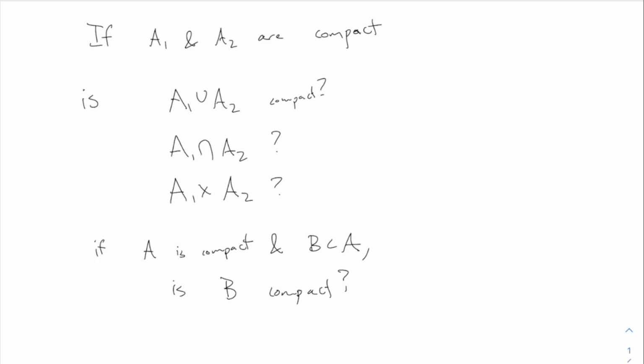Although, actually no. If you're asking is B compact, that means you begin with a cover of B, and then you have to show that there's a finite subcover of B. But B is smaller than A, so if you start with a cover of B, it's not necessarily also covered with it.